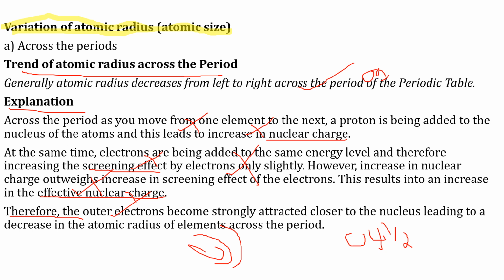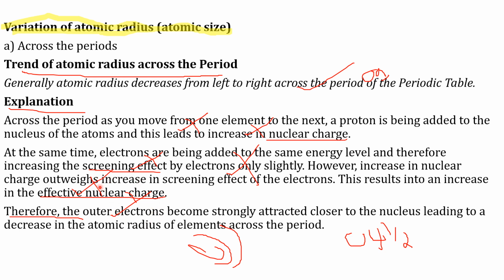Now try to pause the video and remember, what did I talk about effective nuclear charge? Which impact does it exert on the others? So let's look at the conclusion. We say that effective nuclear charge will only have effect on outermost electrons. If it increases, outermost electrons are going to be more strongly attracted.